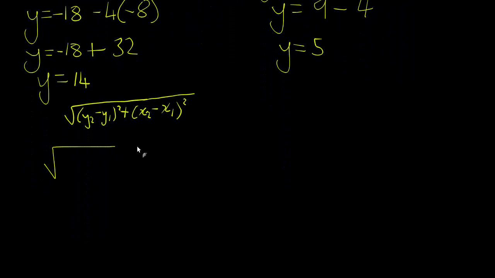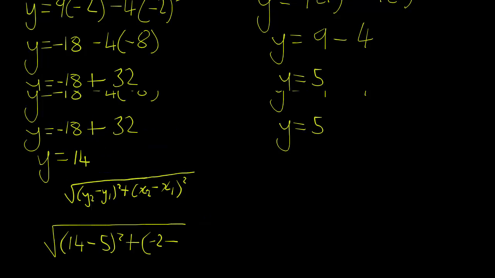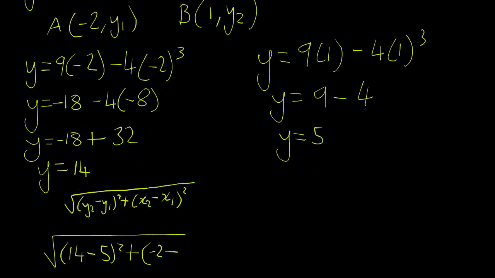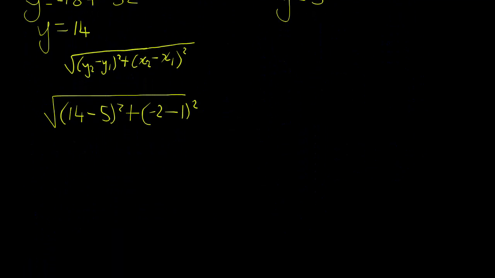So that means we're going to have 14 minus 5 squared plus, and then our x value for A is minus 2. So it's going to be minus 2 and then minus 1 for the B value, and squared.